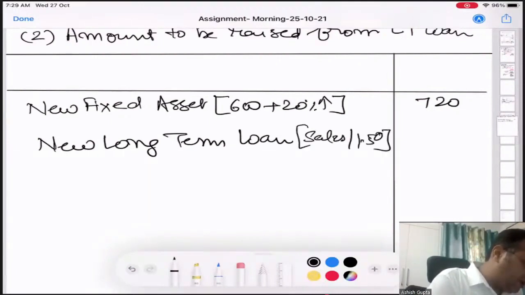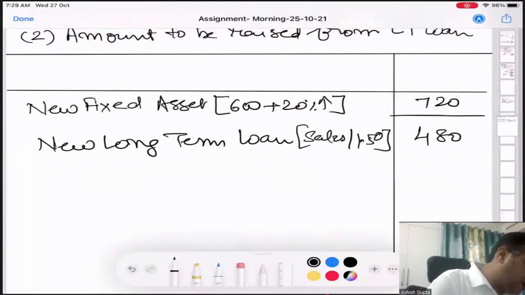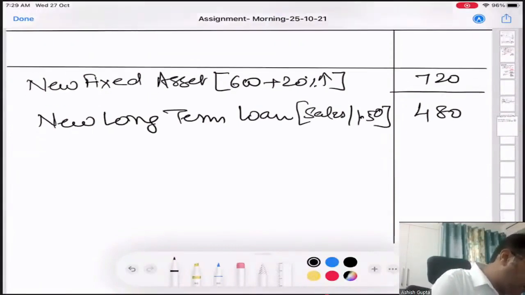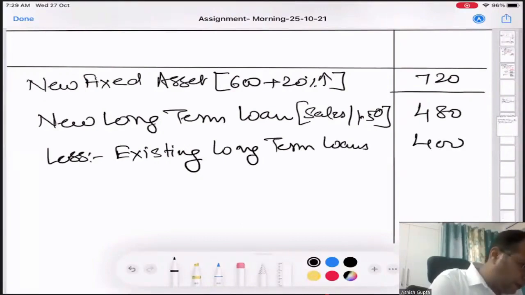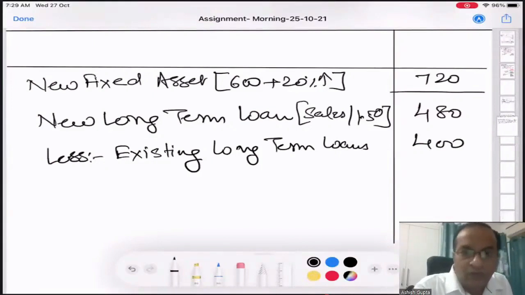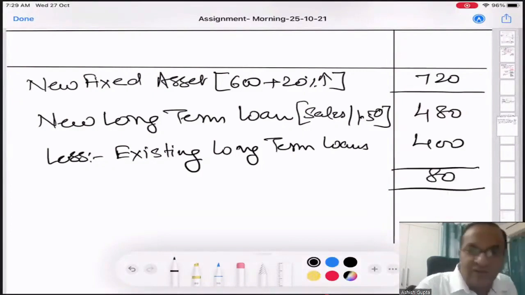Our sale is 720. If we divide it by 1.50, the figure comes to 480. So the maximum loan we can afford is 480 for the long-term loans. Less existing long-term loan. Students, the maximum amount that we can raise is 80.